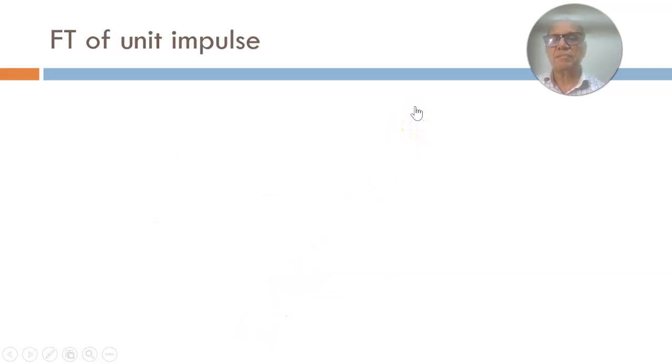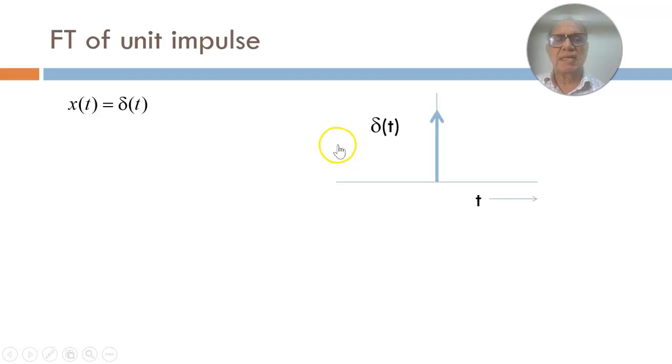All right. So having looked at the summary of the Fourier transform that we had studied last time, let us now turn our attention to calculation of the Fourier transform of some of the signals. And the first one we study is a unit impulse. So suppose x(t) is delta(t), and delta(t) when plotted as a function of time, remember, looks like this. Before t equal to 0, it is 0.